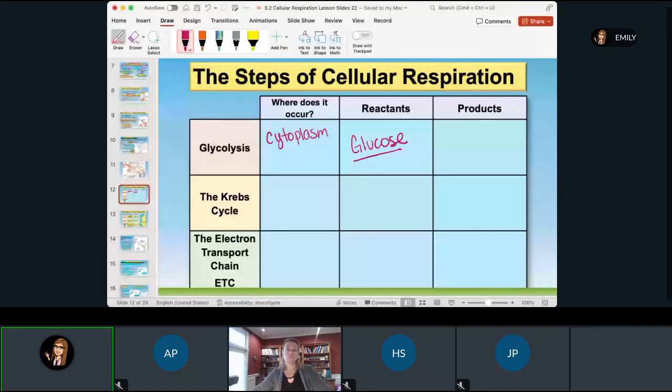And what are my products? I have 3 different products that I'm getting from glycolysis. What are my 3 products?